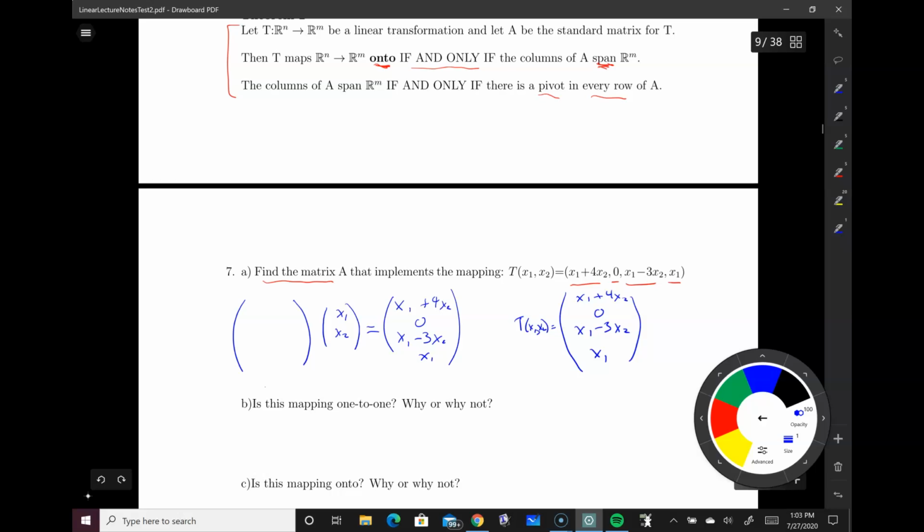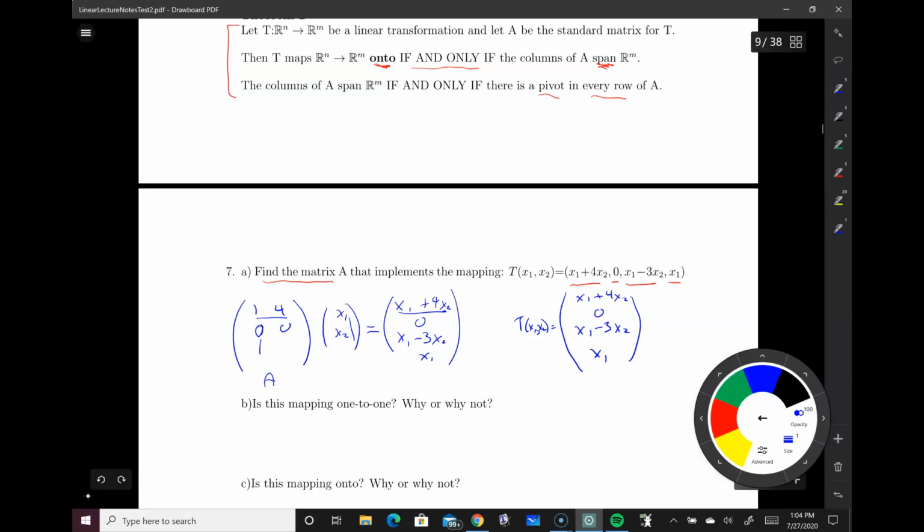Okay, so let's find this matrix A. It's got to be 1, 4. When I do matrix multiplication, this times this, I get this. Then I need 1, 0, and no, 0, 0, oops, sorry.